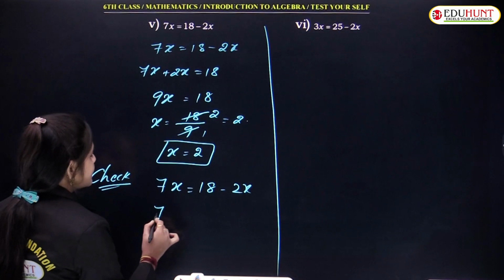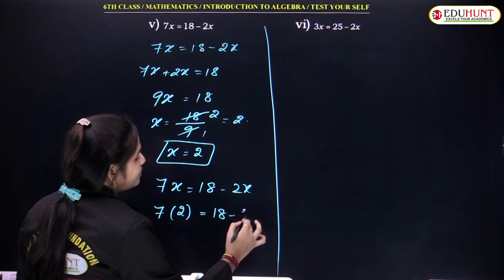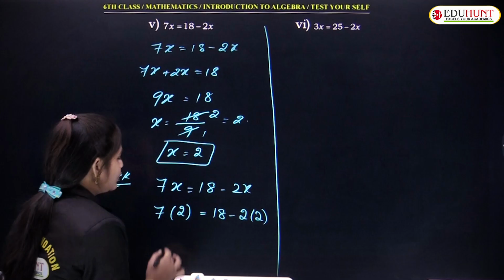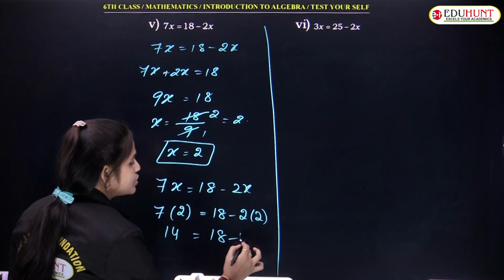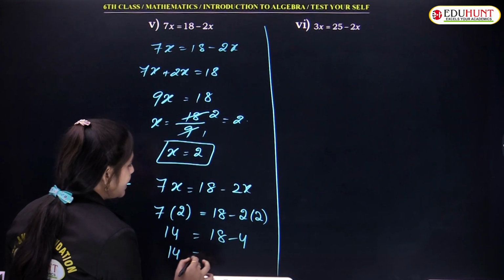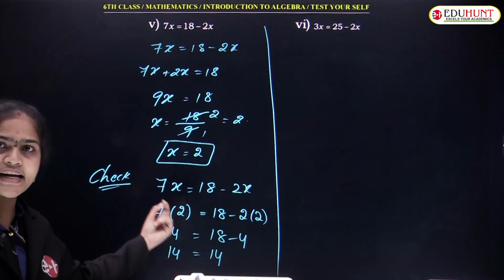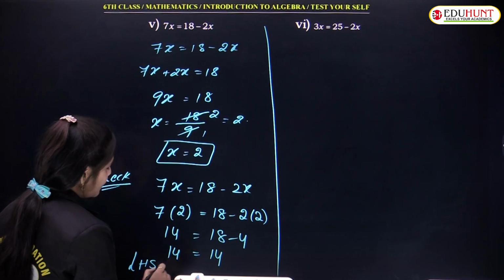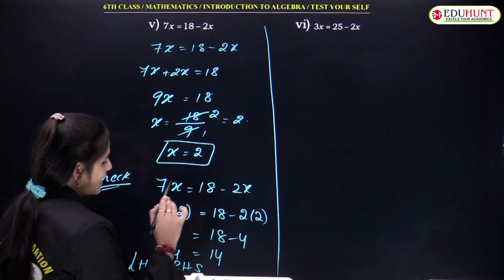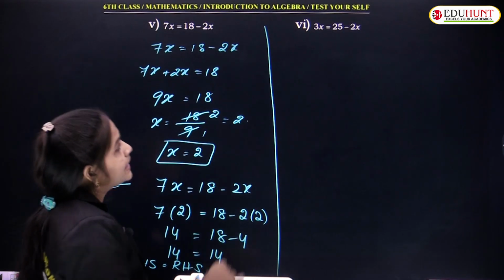Now 7 into x is equal to 2, which is equal to 18 minus 2 into x is equal to 2, no? 7 twos are 14. 18 minus 2 twos are 4, which means 14 is equal to 18 minus 4, which is equal to 14 only, no? So is it satisfying or not? Yes, satisfying. Finally, LHS is equal to RHS, hence it is satisfied. Okay? And here also it is the same.